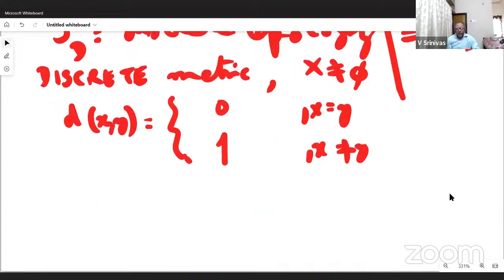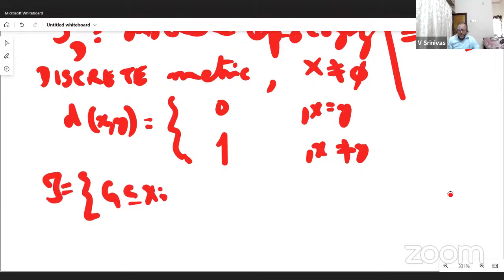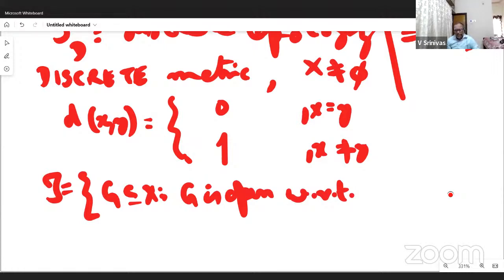Now you go for tau equal to the collection of G contained in capital X, such that G is open with respect to this metric, the discrete metric. Let me call this d dash.